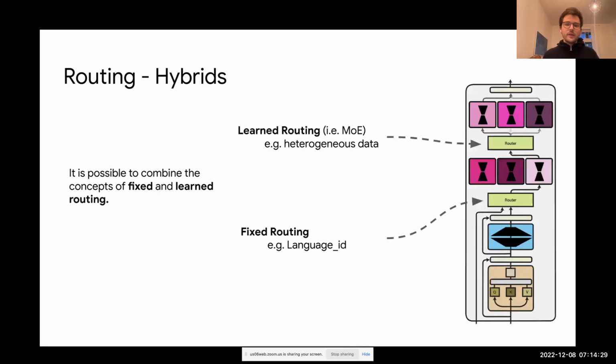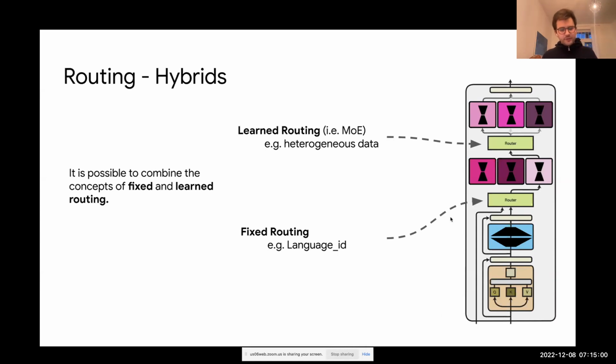One example would be that we make a fixed routing decision on some type of metadata that we have available, such as the language information. So, for example, we often know what language a sentence is written in. So based on this metadata, we can perform fixed routing and route the examples to the corresponding language-specific modules.